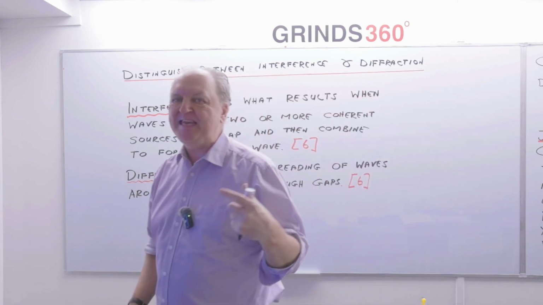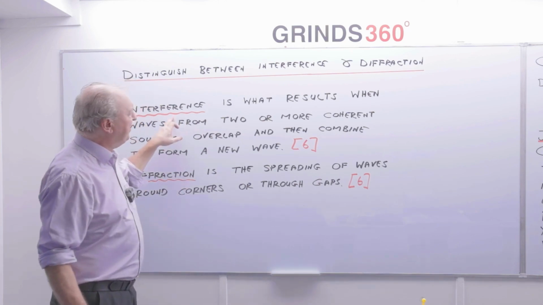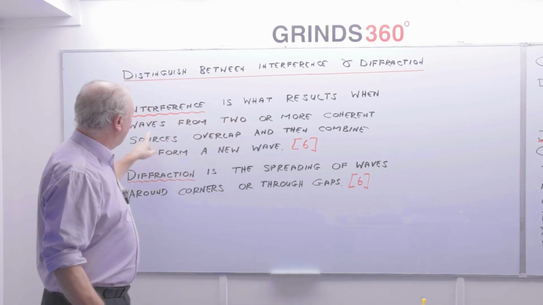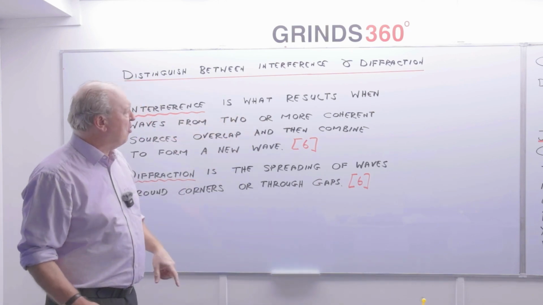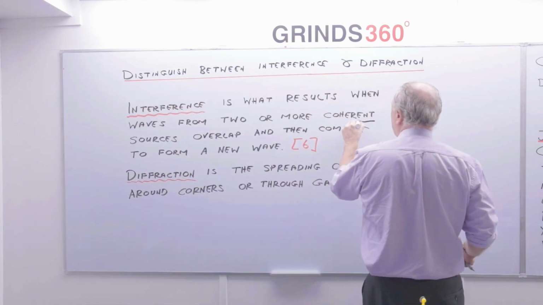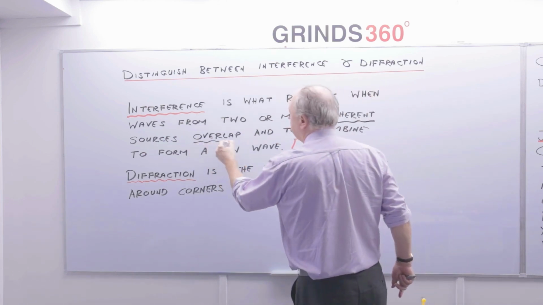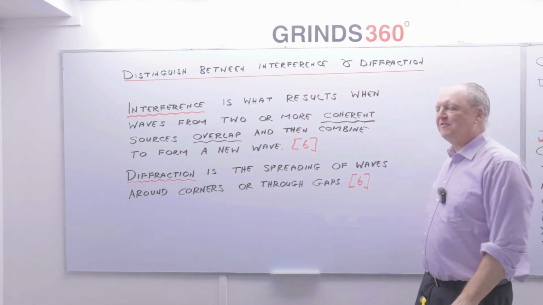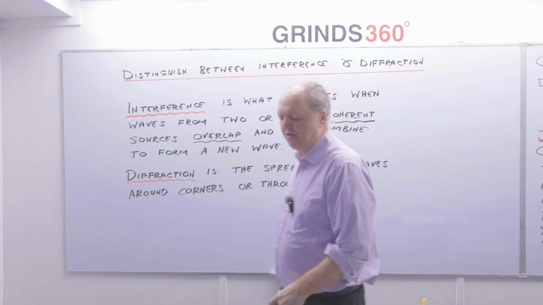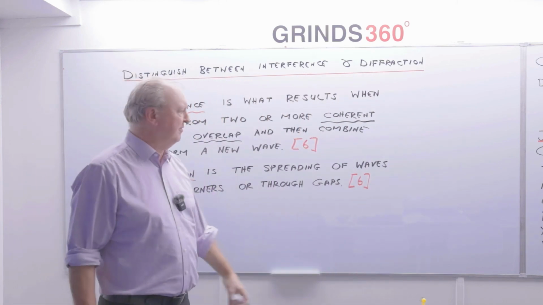So once I have those key words, I'm most of the way through my definition. So interference is what results when waves from two or more coherent, I like to get that word in, coherent sources overlap and then combine to form a new wave. So that's interference. It's waves joining together to form new waves.